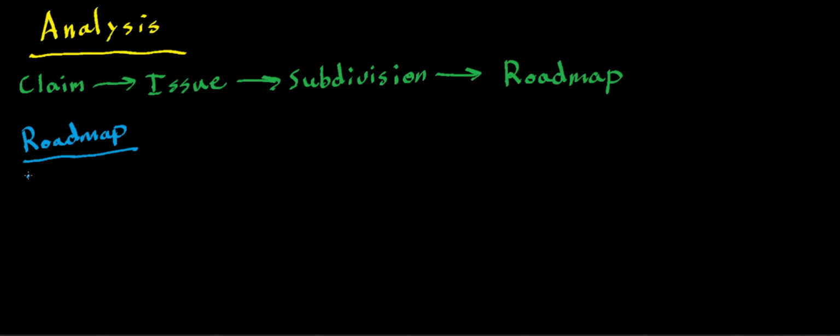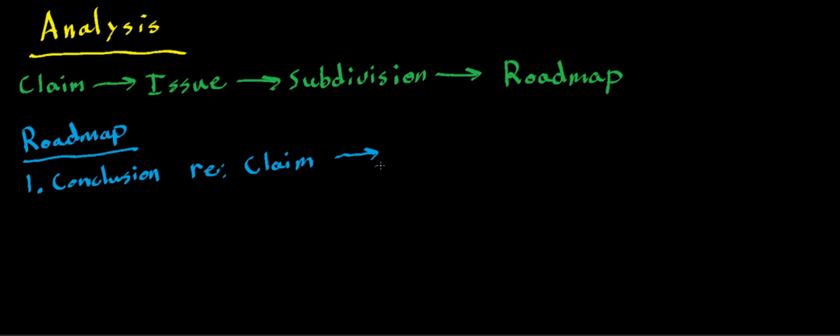A roadmap needs to accomplish four things. So first, you want to state a conclusion with regard to the claim. Okay? And in this conclusion, you're going to state whether you believe that the claim that you're analyzing has merit. And so this is a bottom line conclusion.